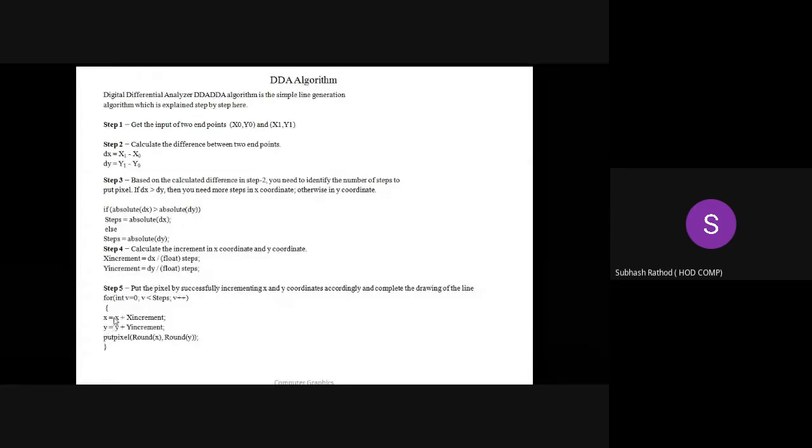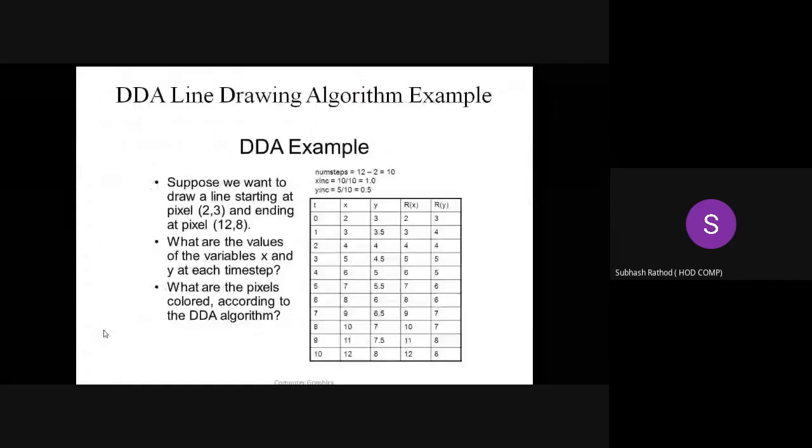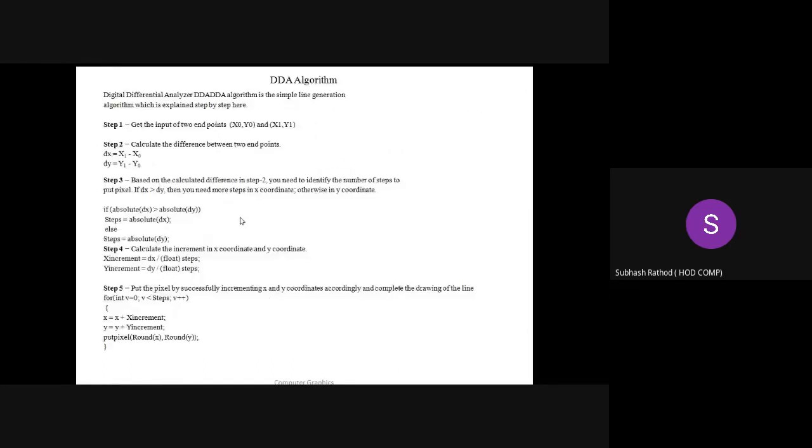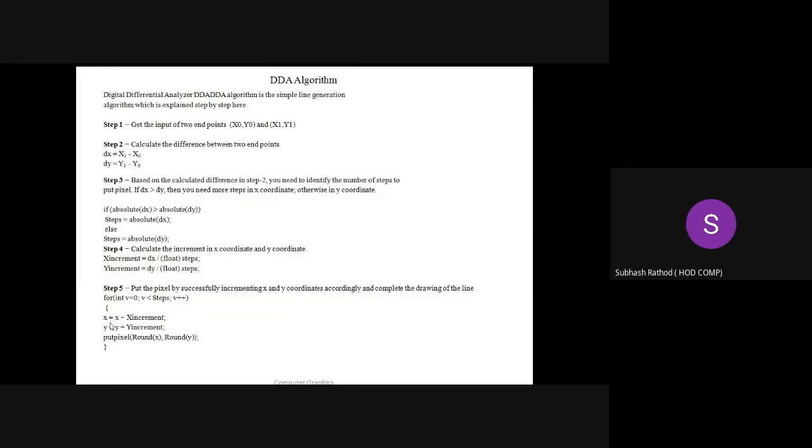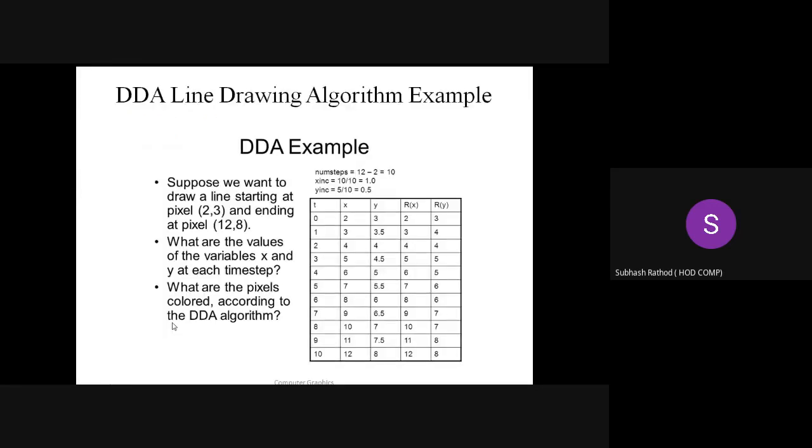So now the current x and y value, x is 2 and 3 is the current value. So x equal to 2 plus x increment. What is the x increment value? X increment is here 1.0. So you can put here x equal to 2 plus x increment, which is 1.0.